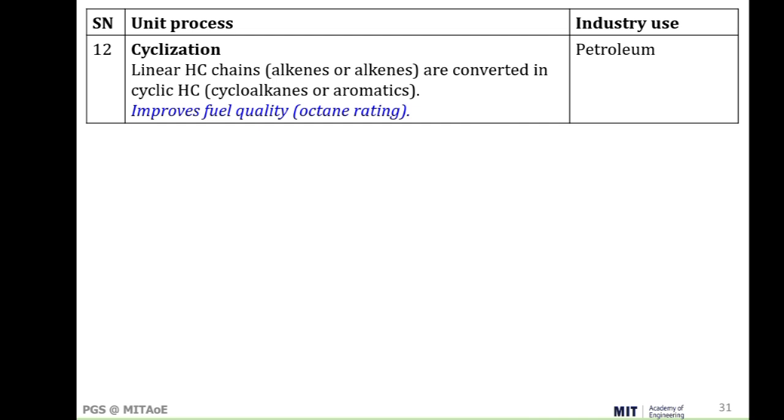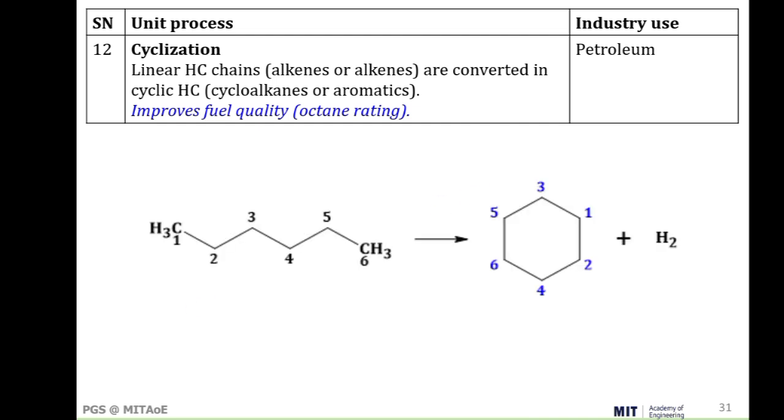That can be cycloalkanes or aromatics, like benzene ring type compounds. These cyclization reactions are again used in the petroleum industry, basically to improve the quality of the fuel. By cyclization the octane rating of the fuel can be improved. One example is hexane getting converted to cyclohexane, and terminal hydrogens are removed in this process.